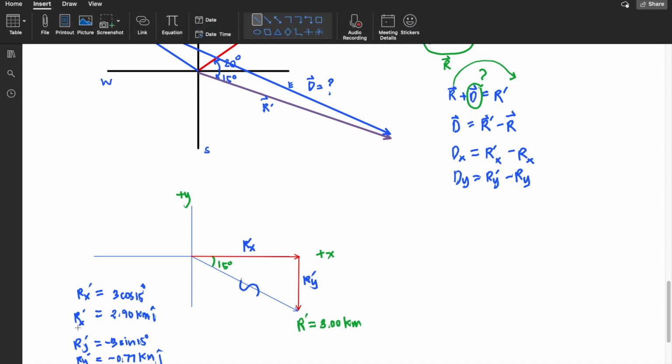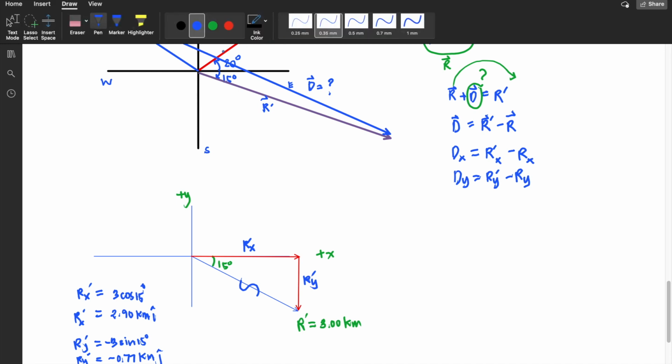So we can now calculate the dx and dy components. All we have to do is simply substitute here. Your dx is simply equal to rx prime, which is 2.90 kilometers, minus your rx, which is given by quantity negative 47 kilometers.